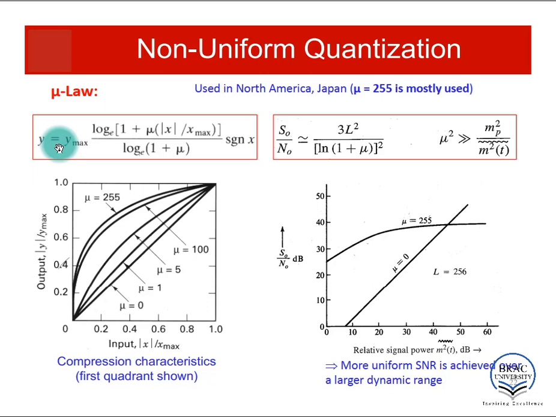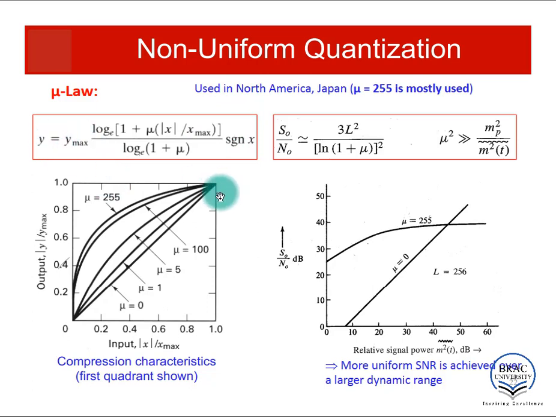In our previous example, we were given a sequence and then we used a quantizer to quantize each of those samples. We will be given a sequence of samples. We will not directly feed the samples into the quantizer. In a similar manner, we will design a quantizer, but before feeding a sample to the quantizer, we will pass the sample through this mu law or through this equation. The x is the input and y is the output.